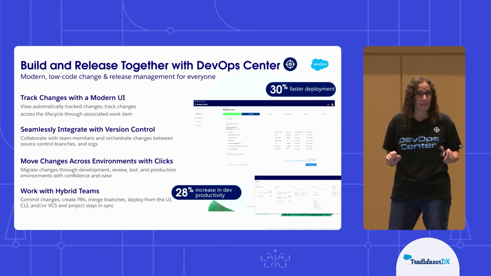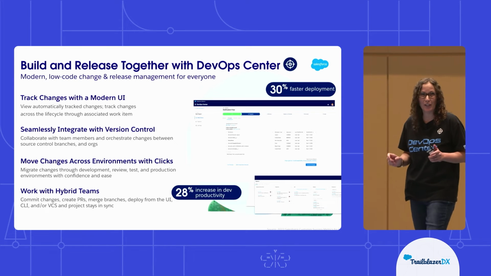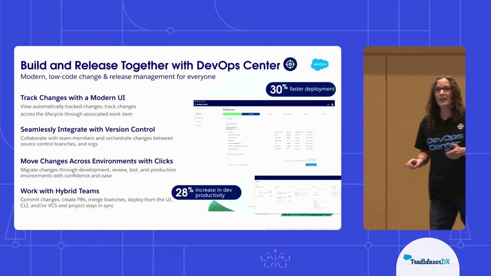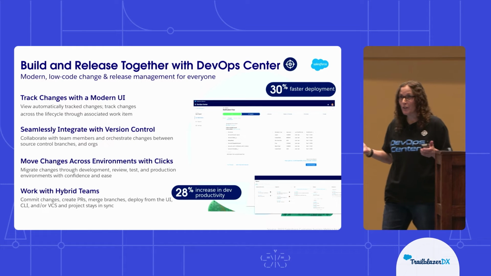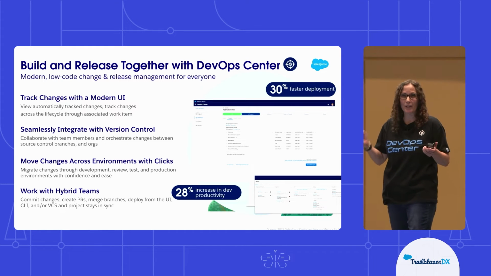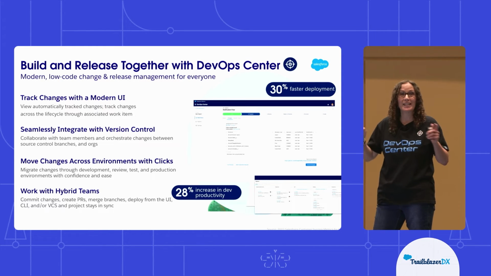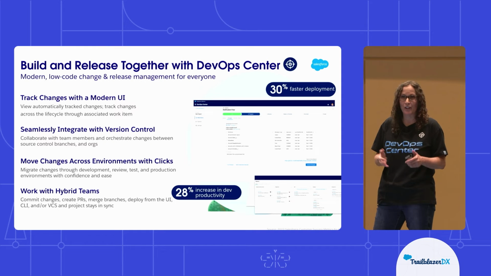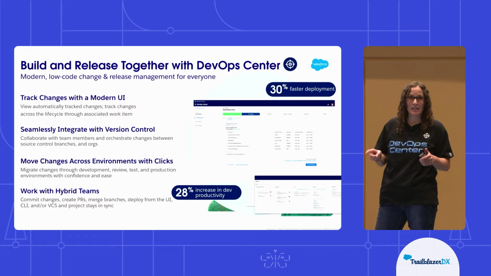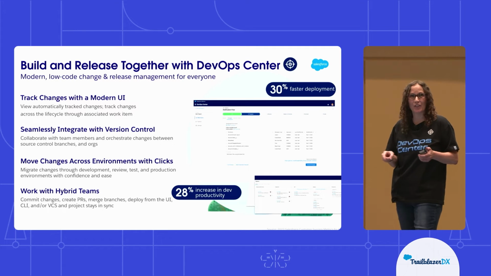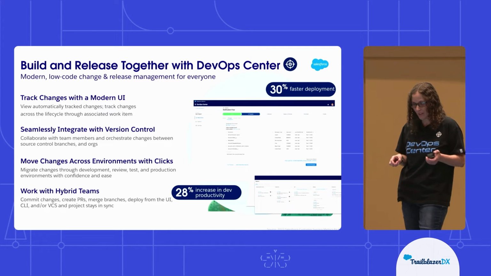No need to type anything on the command line. No coding required. Declarative builders and pro-code developers can now work together. Developers can work inside or outside of DevOps Center using the tools of their choice, and everything stays in sync. Team members can now work together seamlessly.